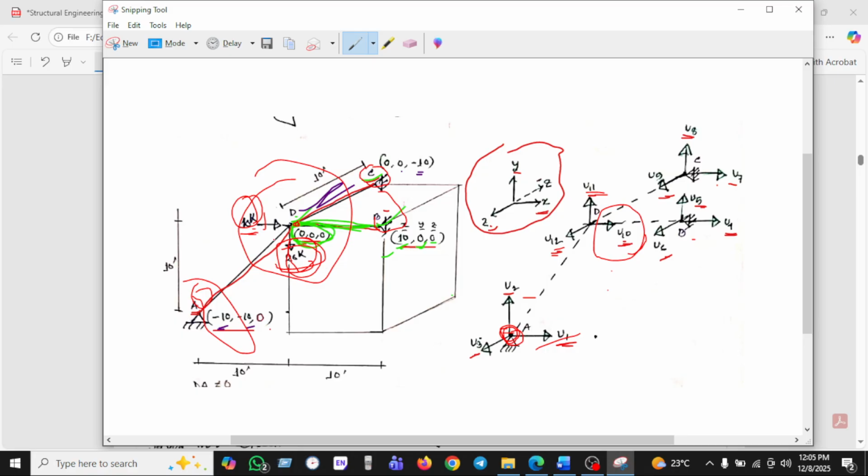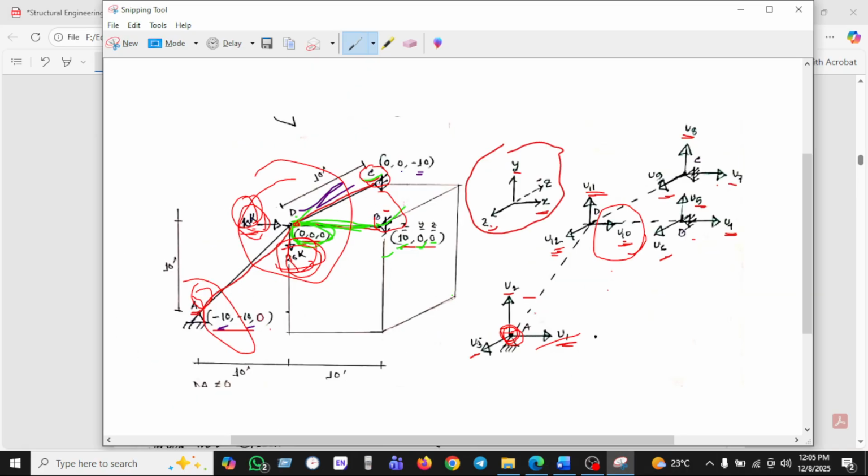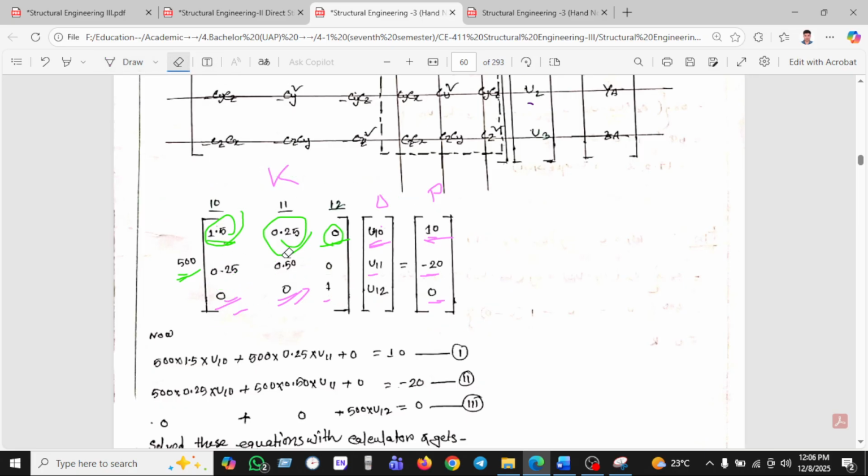The U10 is 10, which is applied in the x direction from left to right. And another one we have seen, the 20, which is applied by gravity from up to down, and the z one is 0. Okay, after finding this value, we will calculate it.